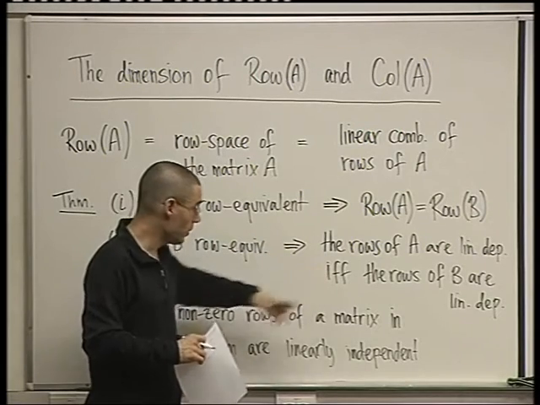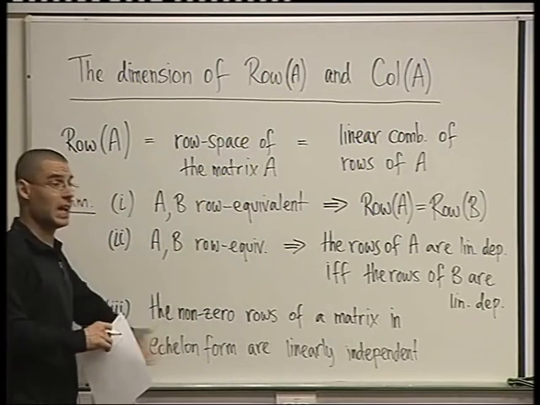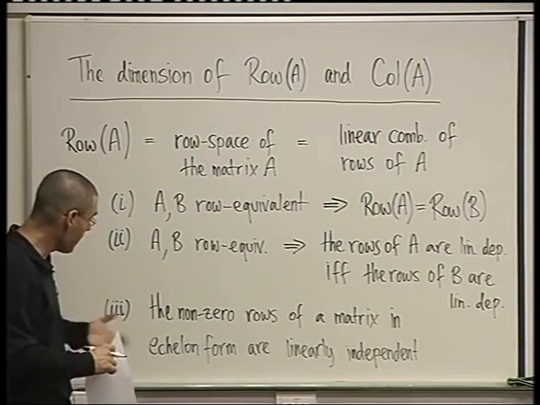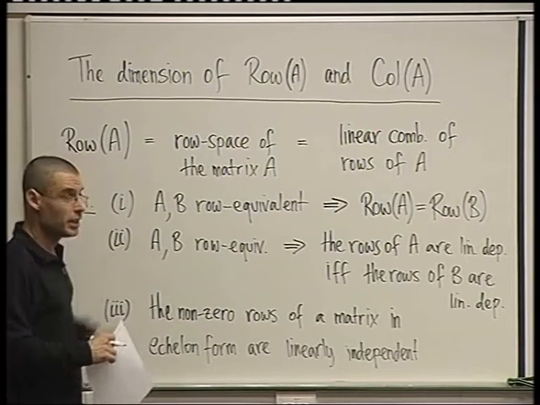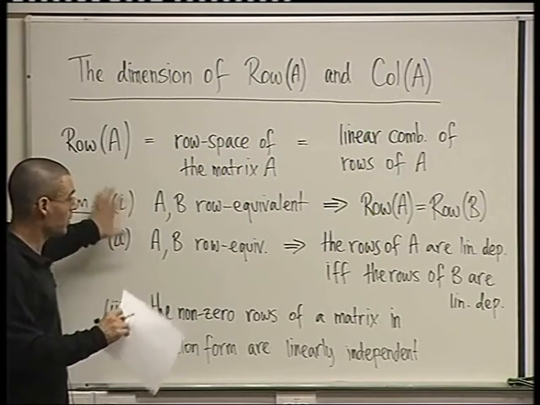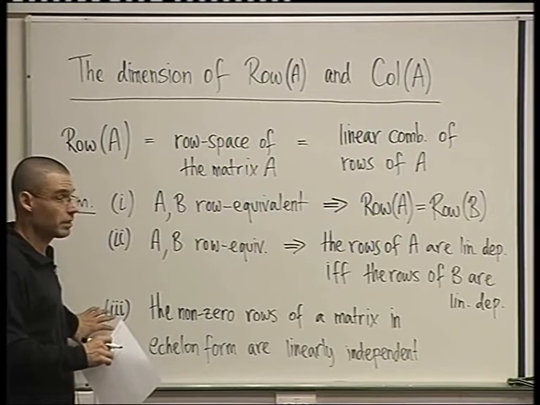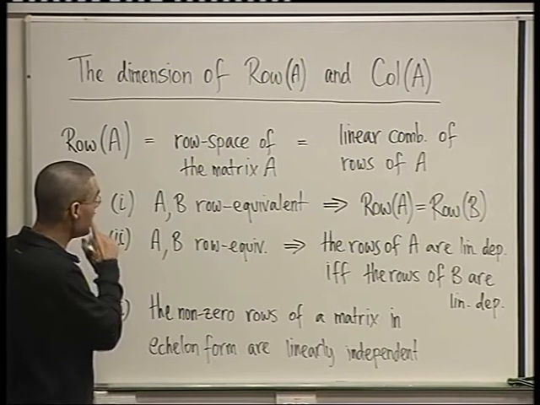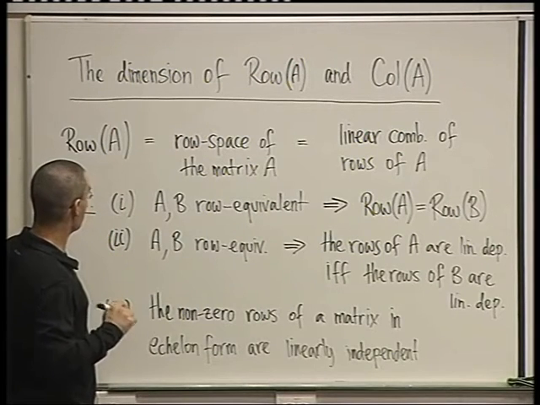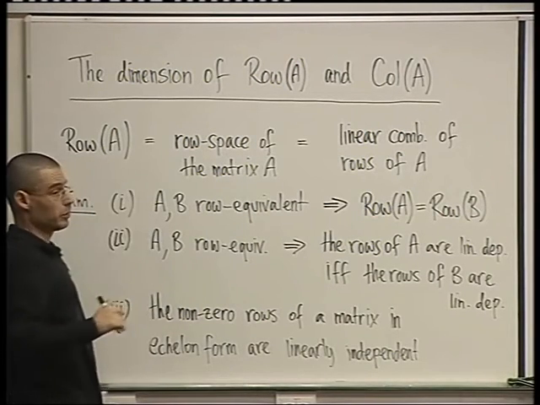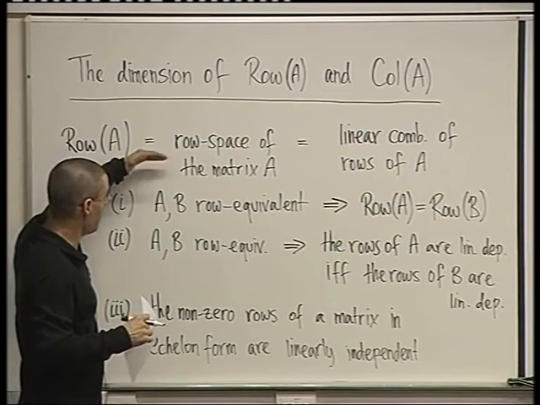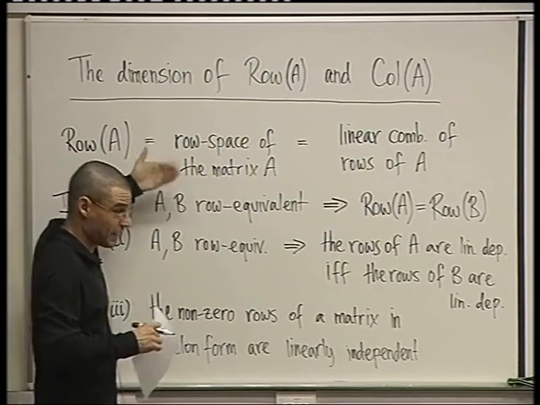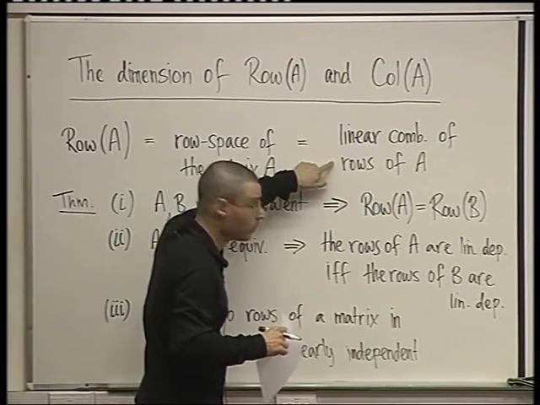Good? Okay, so these ideas we discussed in a lot of detail and showed many examples. I'm just now referring back to them and trying to put all these in context. Okay, so what I want to do now is discuss what is the dimension of the row space of A. Of course, what the rows of A span is not necessarily a basis, right?